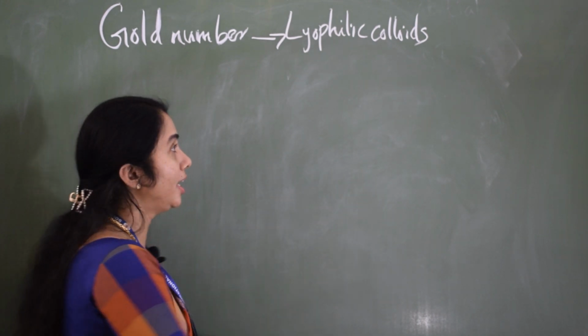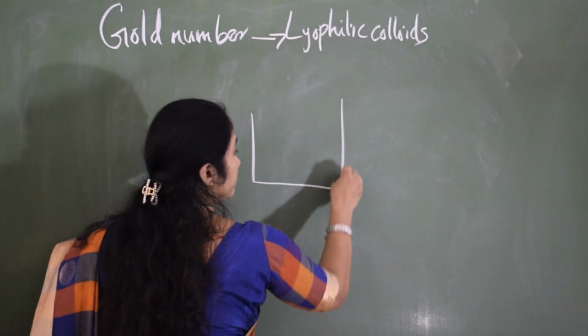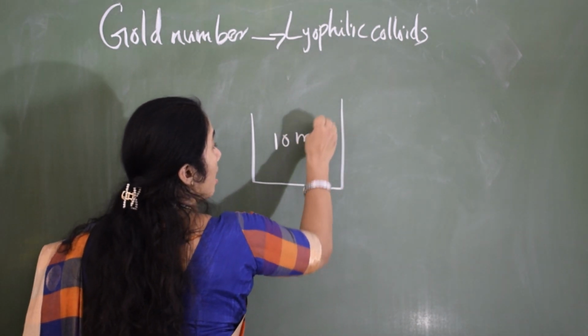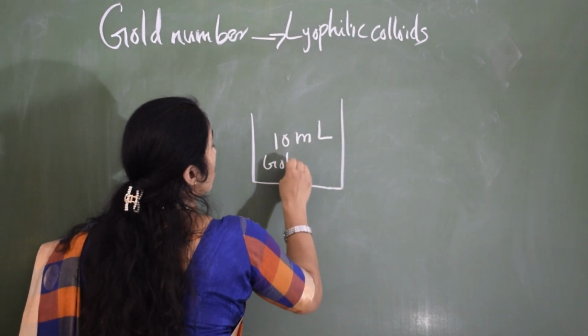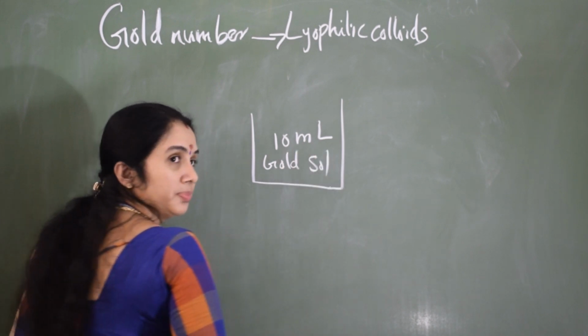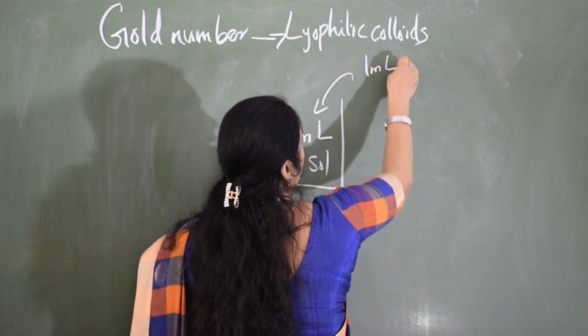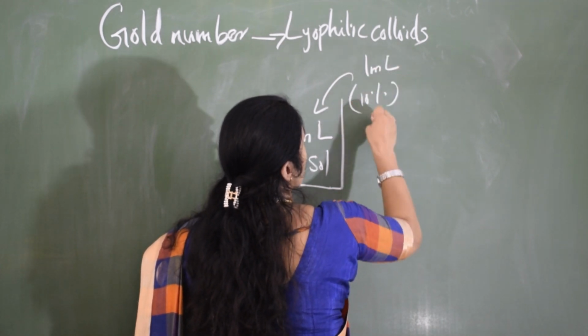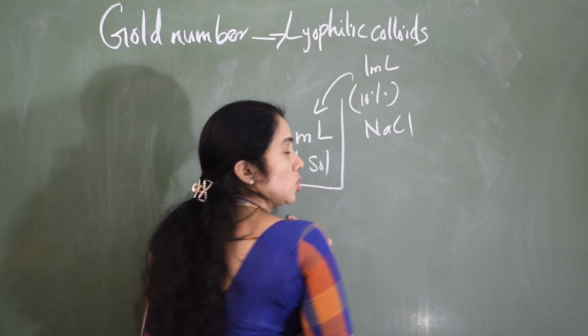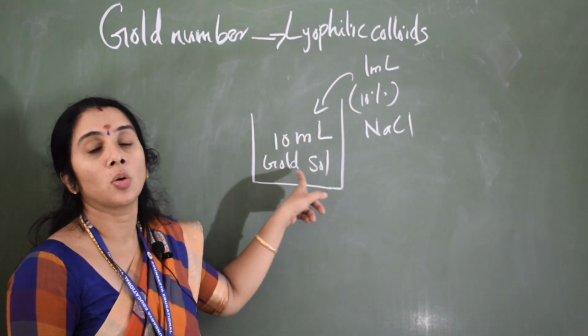I shall repeat once again. You are having here 10 ml gold sol. When you add 1 ml 10% sodium chloride solution, obviously it gets coagulated.